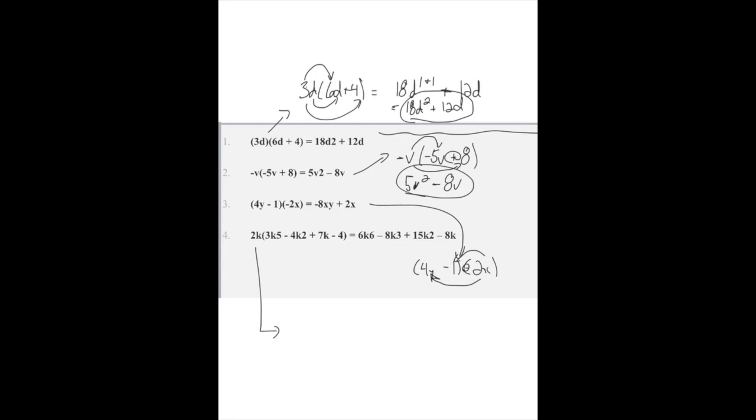So now we have negative 2 times 4 will give us negative 8. Now, here we also have a little bit of a change up. Now we have x and y. So we have an x here and a y here.